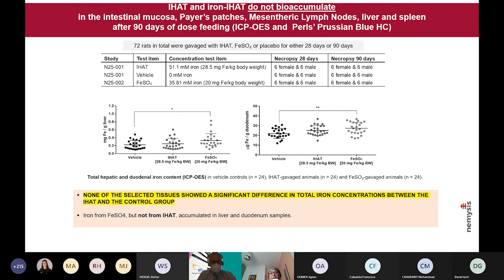And you can see we never found bioaccumulation in the intestinal mucosa, in the Peyer's patches, in the mesenteric lymph nodes, not in liver, not in spleen, after 90 days of dose feeding.